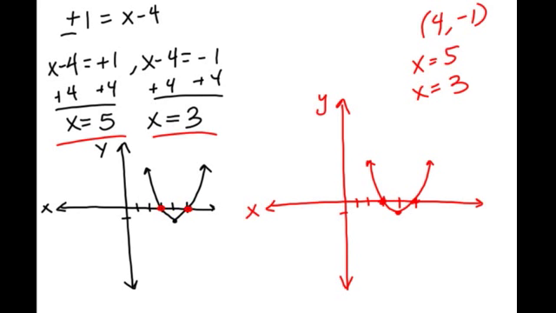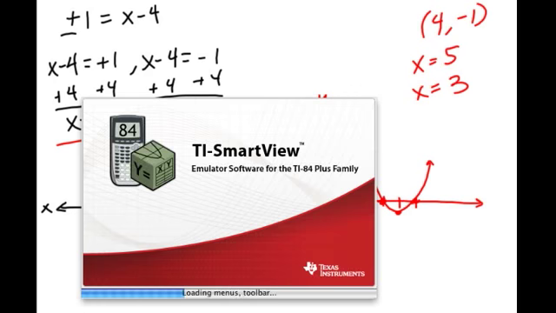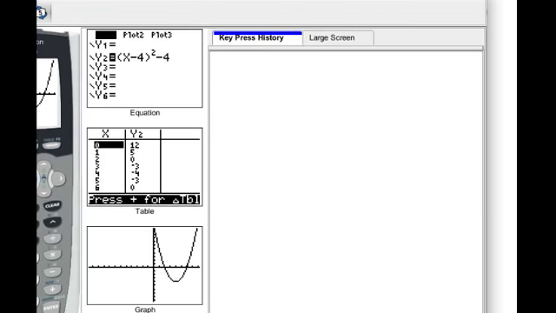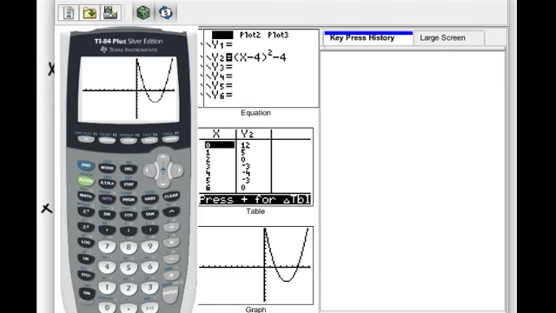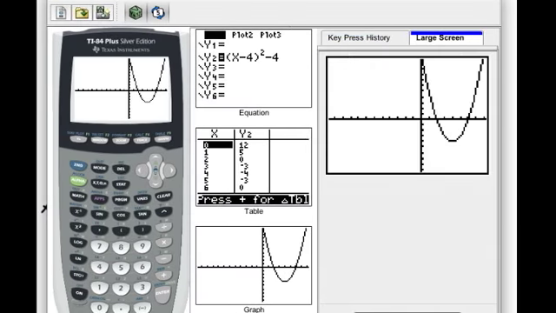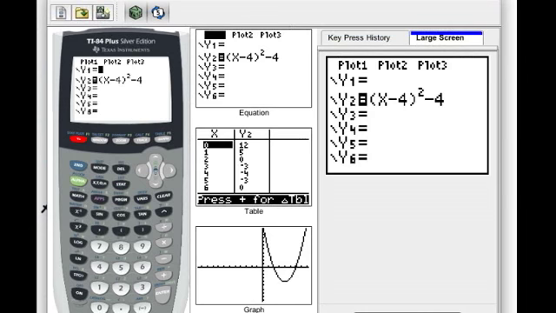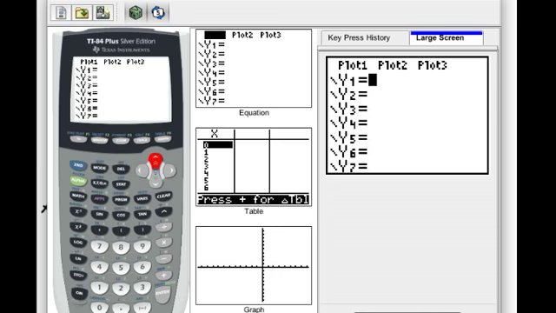And just for fun, let's pull up our graphing calculator. Let's see if we can get this whole calculator fitting in the window. That's pretty close. Let's clear that stuff.